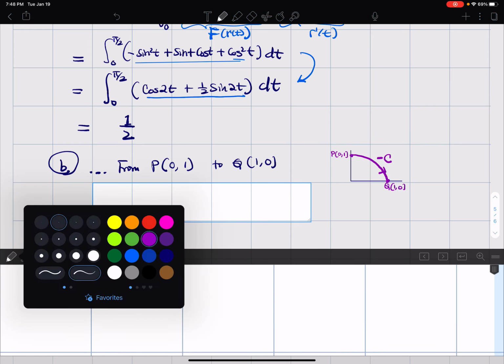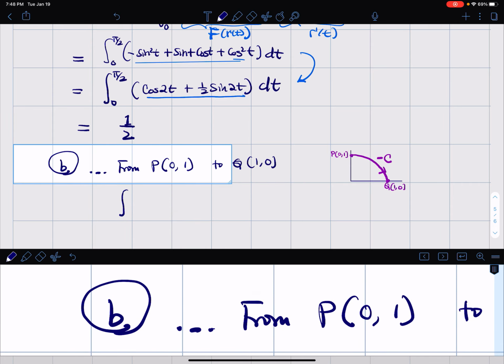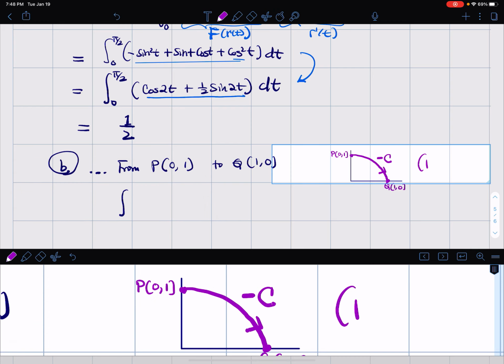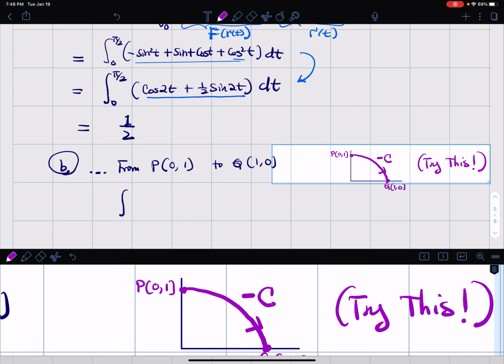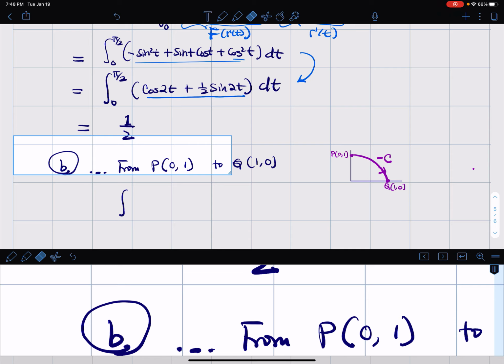I want you to do it yourself, but I'm going to tell you the answer. Try it yourself, not just this part, the whole problem.